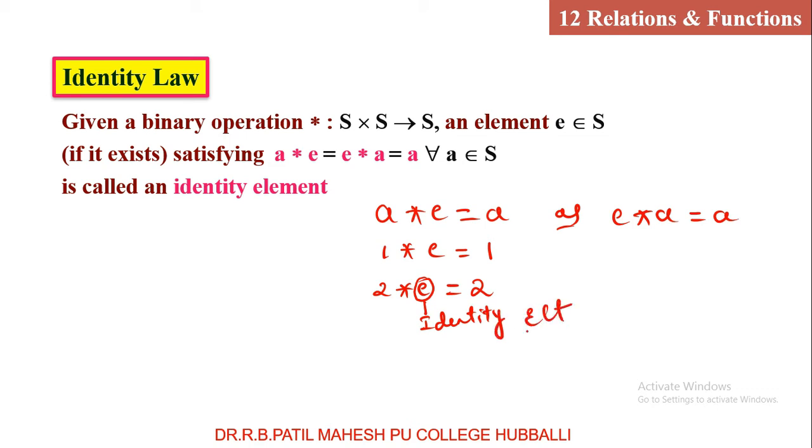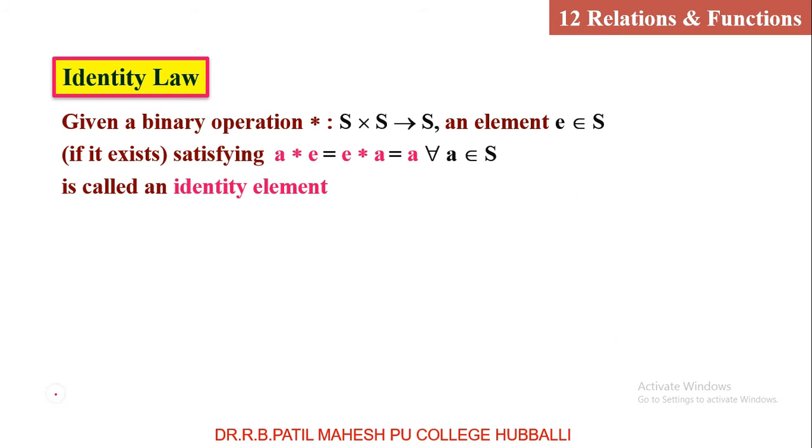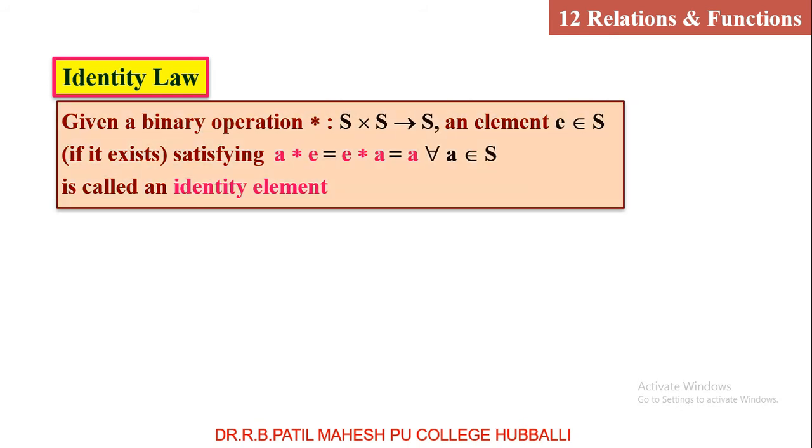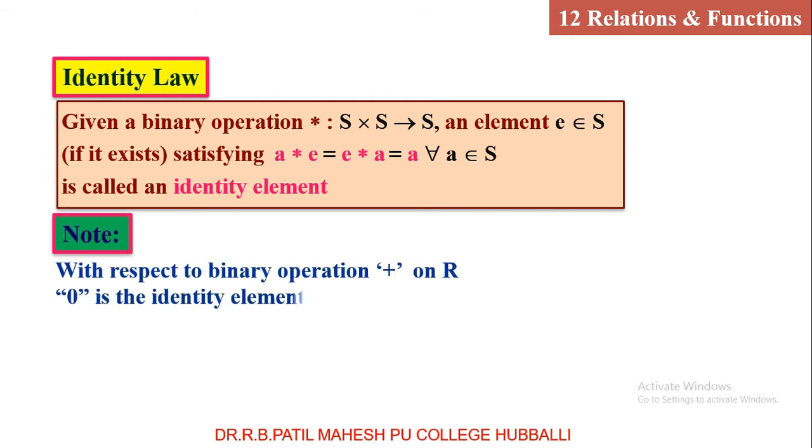And the condition is that E also must belong to the same set. Where A belongs to the set S, the element E also must belong to the set S. Then the element E is called the identity element. Remember the definition. Note: with respect to the binary operation plus on the set of real numbers, 0 is the identity element.